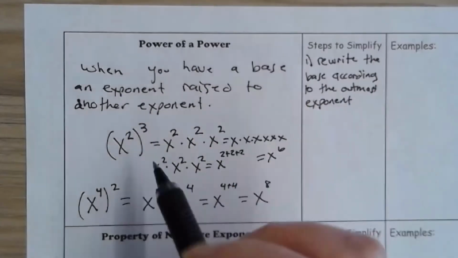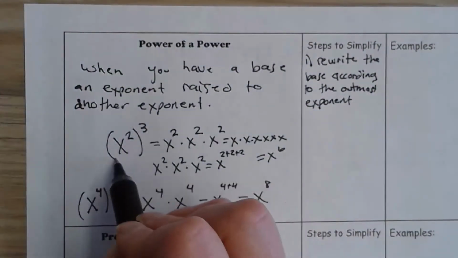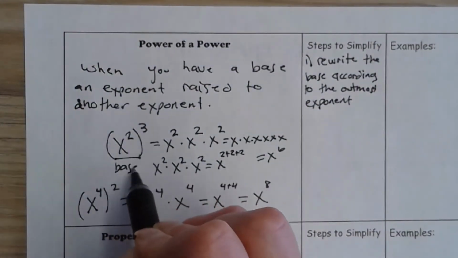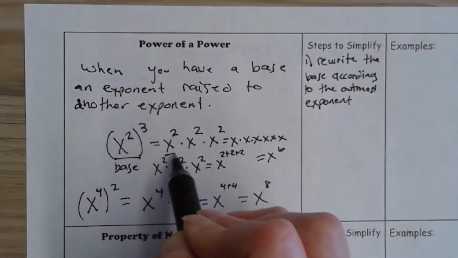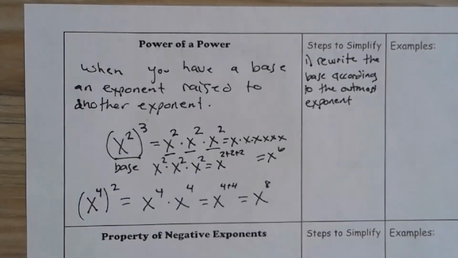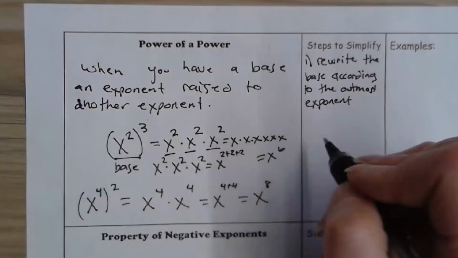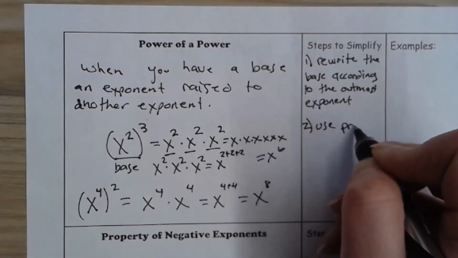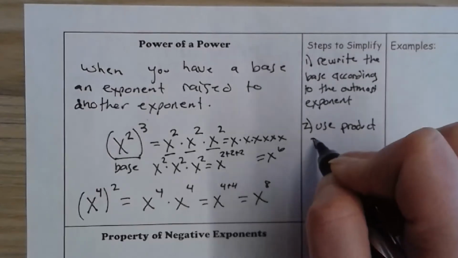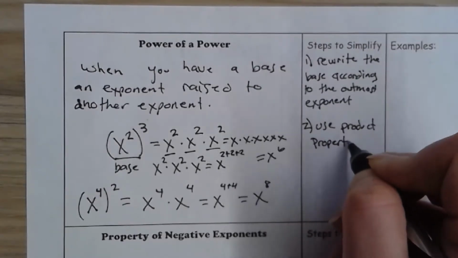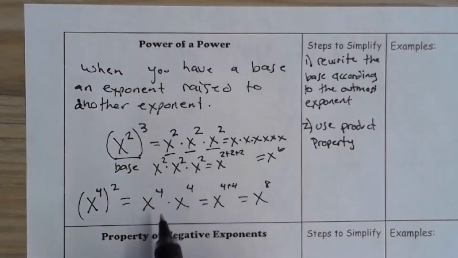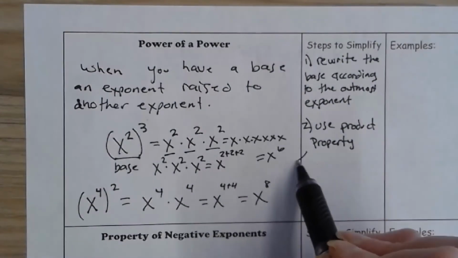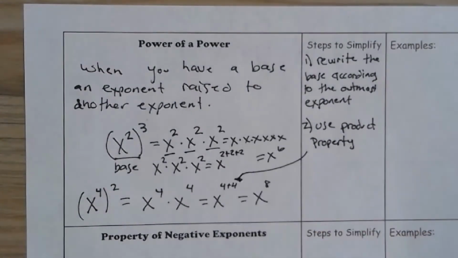So if you notice, we wrote this as our base, and we rewrote it to the outermost exponent 1, 2, 3 times. Okay, then step 2 is to use the product property. Then using the product property, we can simplify it.